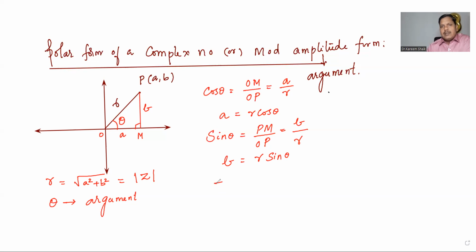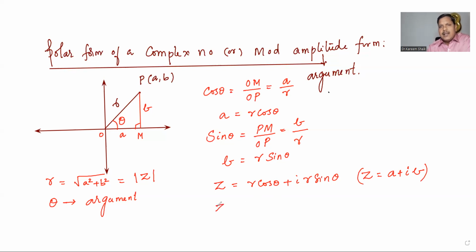We know that z equals, observe very carefully, r cos theta plus iota times r sin theta. Why? Because z is nothing but what? a plus iota b. Am I right? So what is our a value here? r cos theta. What is the b value here? r sin theta. I just replaced the a value and b value in the general form of a complex number.